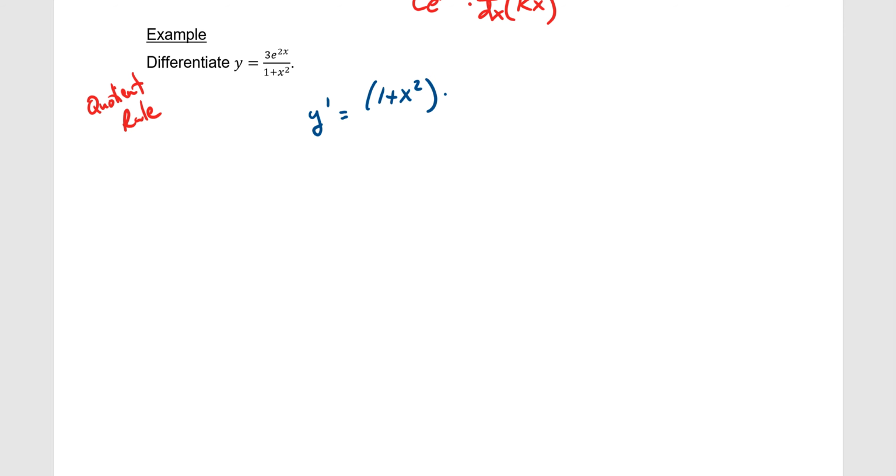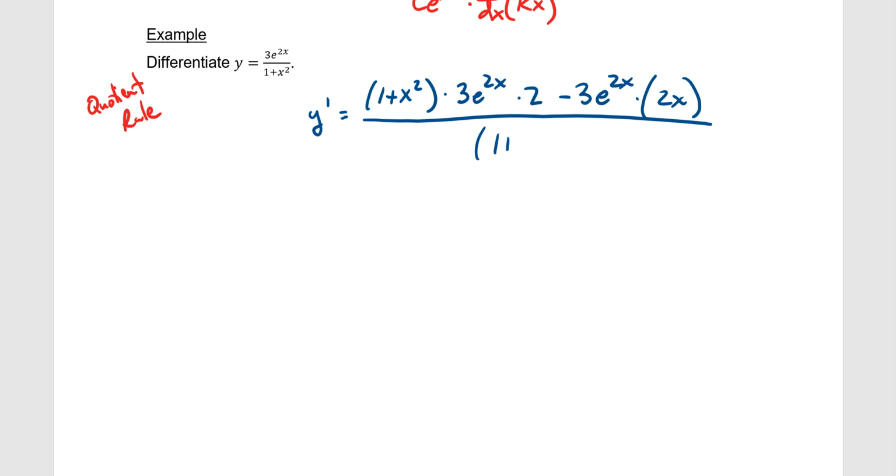The derivative of the numerator is going to be 3e to the 2x times 2. So that's from the derivative of the exponent, minus high d low. The derivative of 1 plus x squared is 2x, all over low squared. So that's the hard part. Well, maybe the easy part. And then now we just have to simplify this.